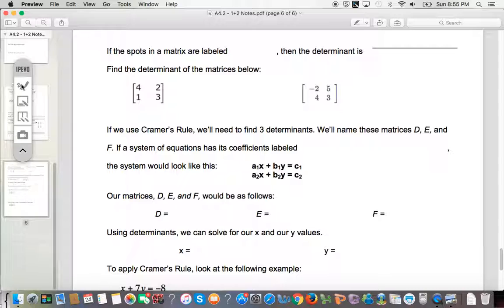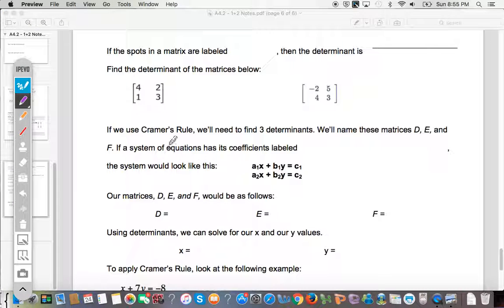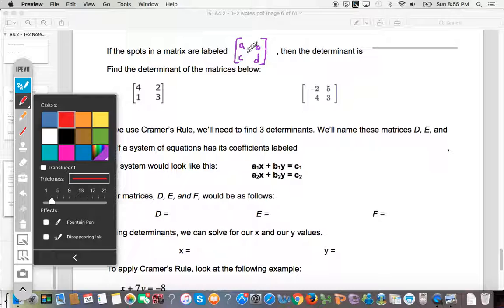Okay, so to find determinants. So if we have a generic matrix, okay, my square brackets here, labeled A, B, C, D, then the determinant, it's kind of like a cross multiplying scenario here. Okay?